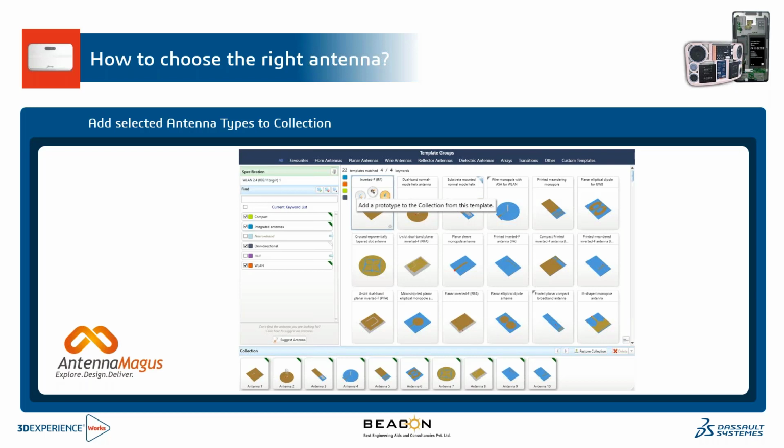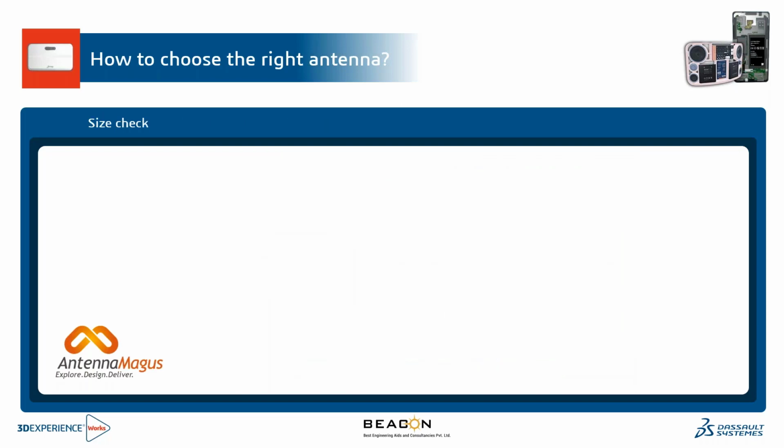Also here, we have something called collection, where based on the filters we had around 22 types of antenna, out of which I can collect the 10 antennas which are similar to my requirement and then perform the analysis over here. That is the comparative study.